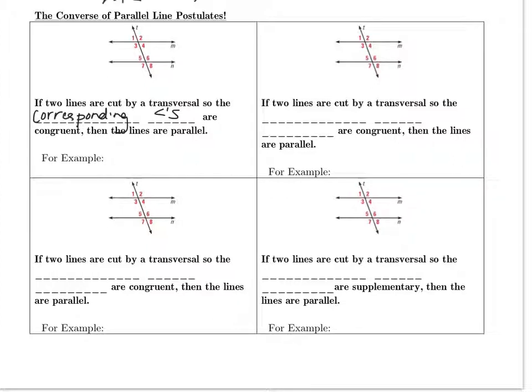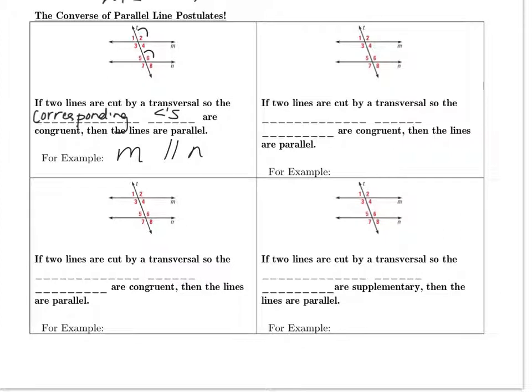So what we're saying is if we have corresponding angles like angle 2 and angle 6 and they're congruent, then we know that M is parallel to N.